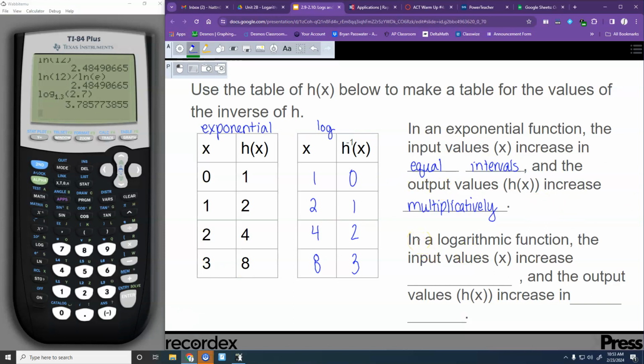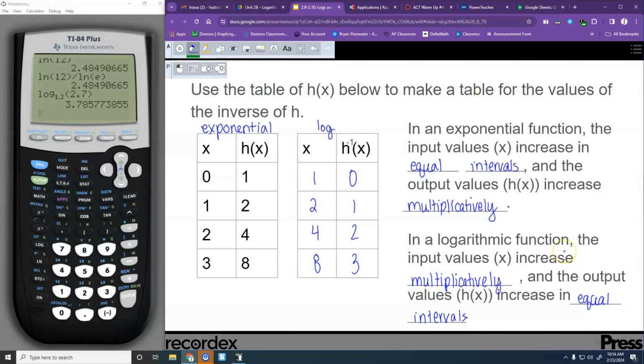So in a log, the opposite is going to be true. In a logarithmic function, the input values, your x column, should increase multiplicatively, while your output values increase in equal intervals.